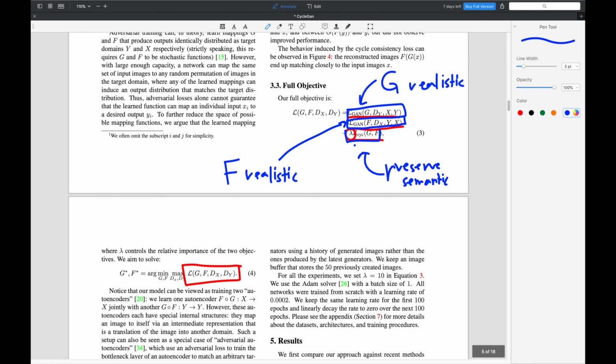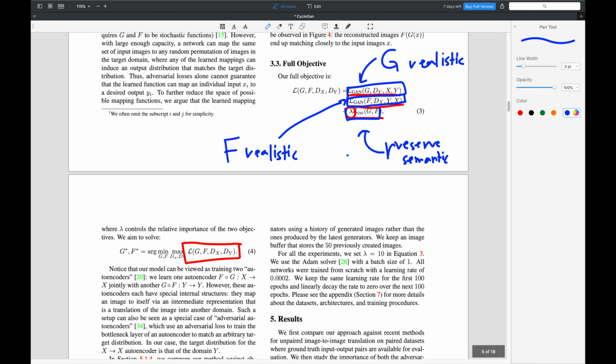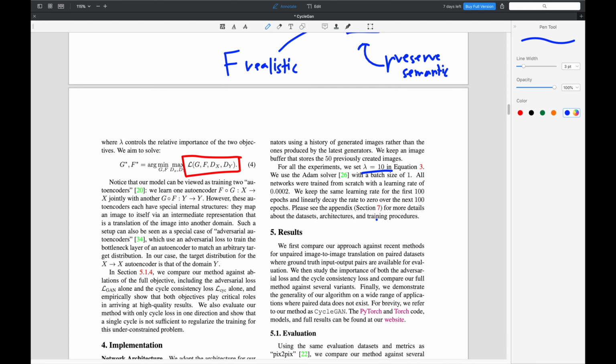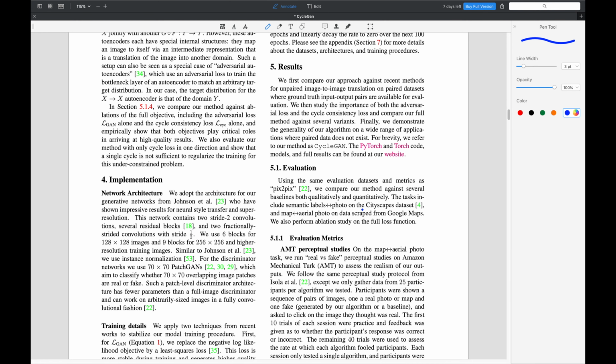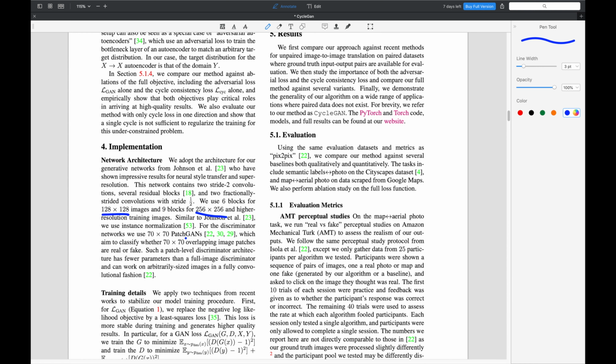For all experiments, the lambda coefficient here is set to 10. The network uses the residual architecture and is trained on either 128 by 128 or 256 by 256 images. What's really important to note here is the discriminator architecture, which uses a 70 by 70 PatchGAN discriminator.